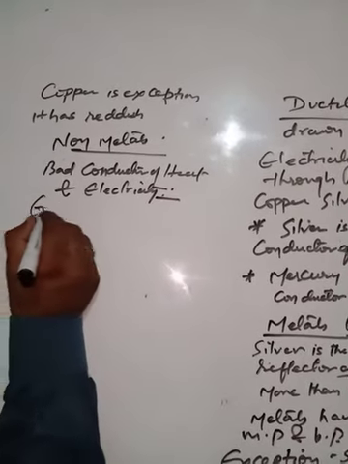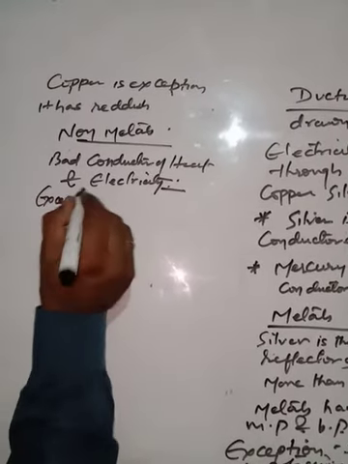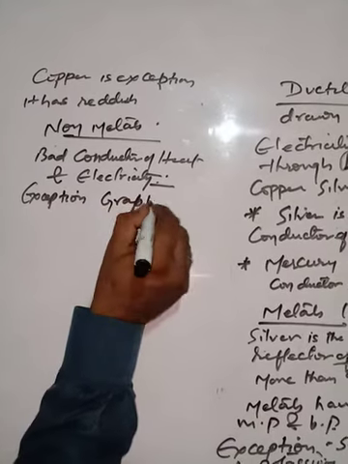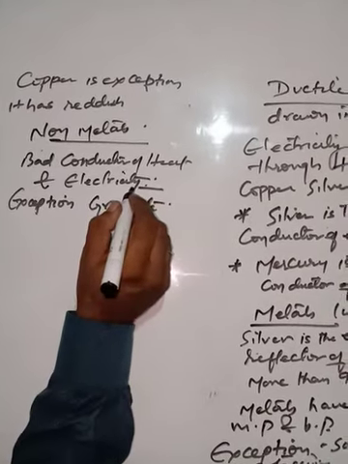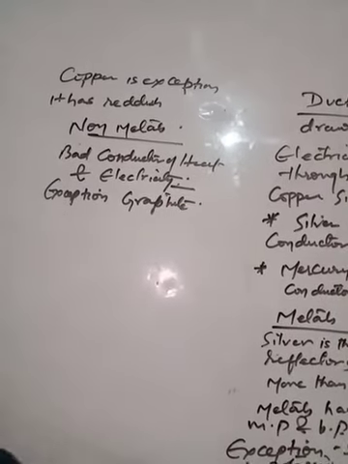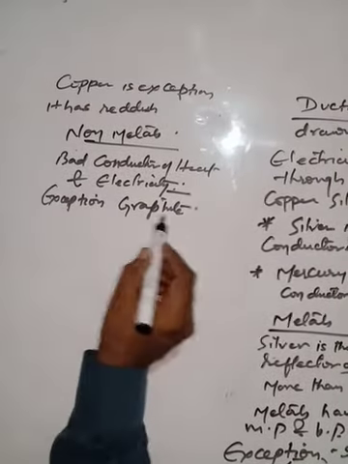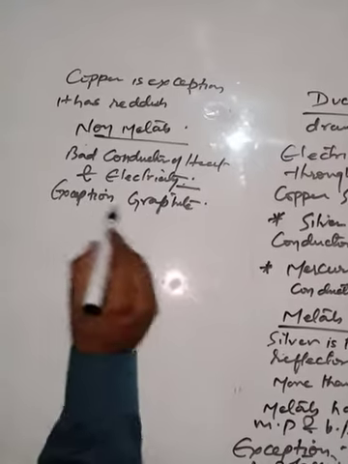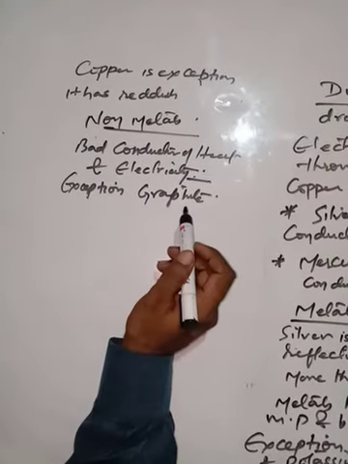But the exception is graphite. Graphite is a non-metal which is a good conductor of electricity. It is used in batteries, electrodes, and in the extraction of aluminum as electrodes.